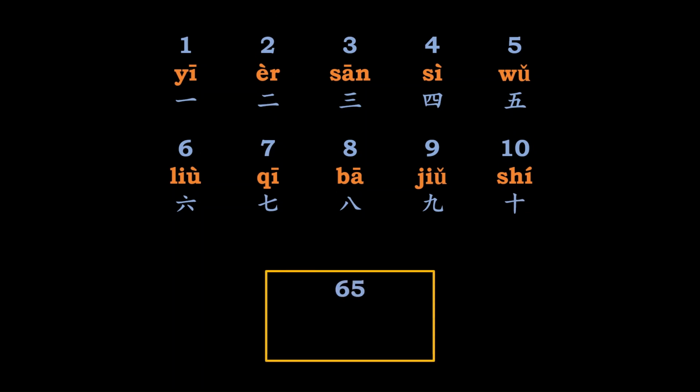How about 65? 6 tens and a 5. 6, 10, 5. 六十五. And we can do this all the way through to 99, which is 9 tens and a 9. 9, 10, 9. 九十九. So as we can see, counting from 1 to 99 is very straightforward.